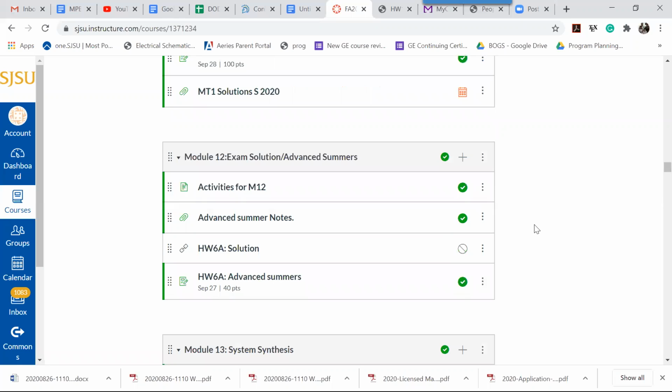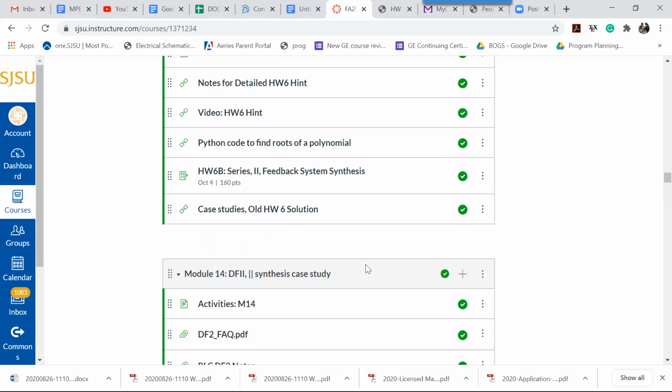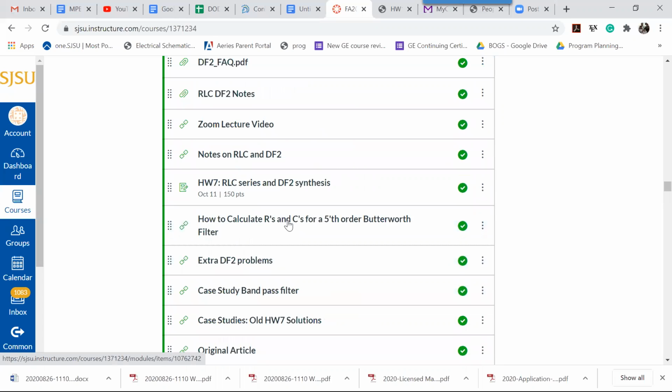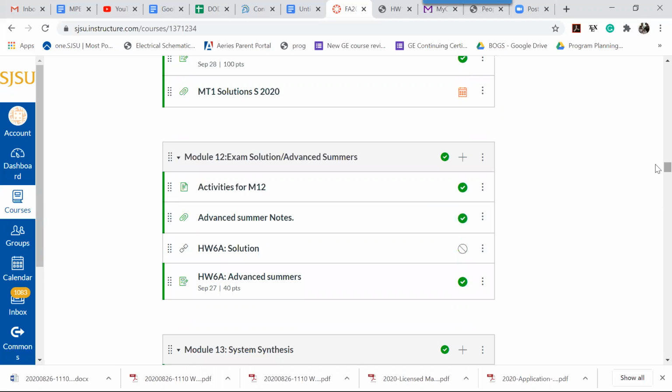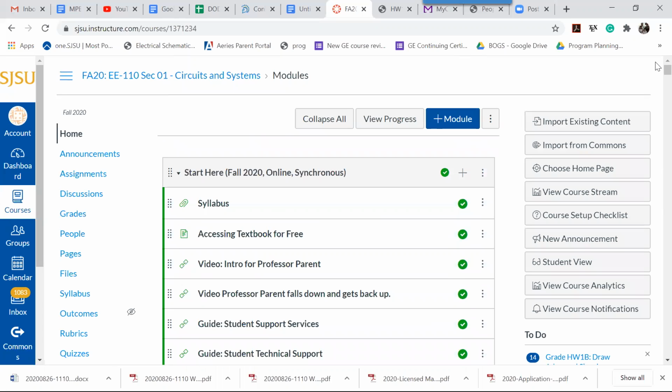But homework 6A, advanced summers, or no, case studies, old homework 6, things like that. Gain bandwidth case studies. So in general, that's where I try to put more solved problems because there's a finite amount of time we have.